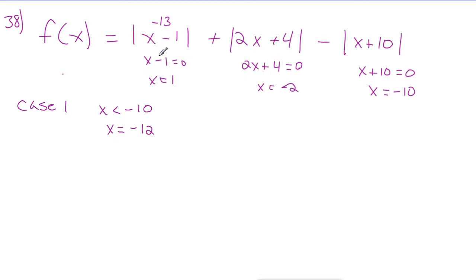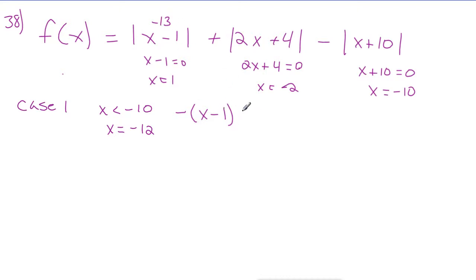So the way I can write this without the absolute value is by writing negative x minus 1. Putting the negative outside makes it a positive 13, which is what the absolute value does.